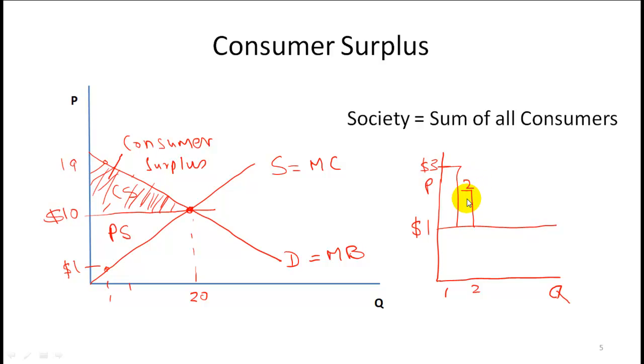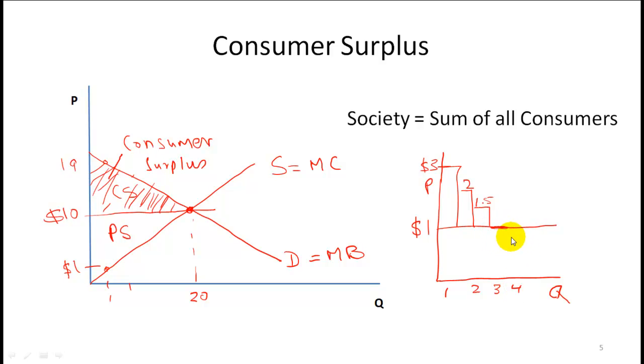but again the market price is 1, so you only paid $1. For the third soft drink, you are willing to pay $1.50, but you only paid 1. And then for the fourth one, you paid $1.